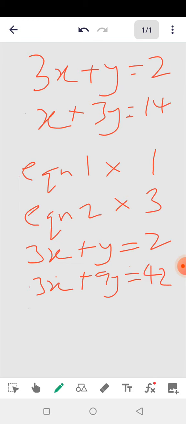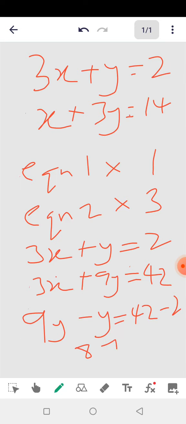Because in equation 2 we have 9y as a big value and y as a small one, 42 as a big value, and 2 as a small value. So if we say equation 2 minus equation 1, you'll have 9y minus y is equal to 42 minus 2. 8y is equal to 40, then y ends up as 5.